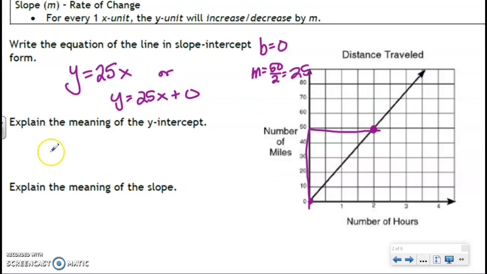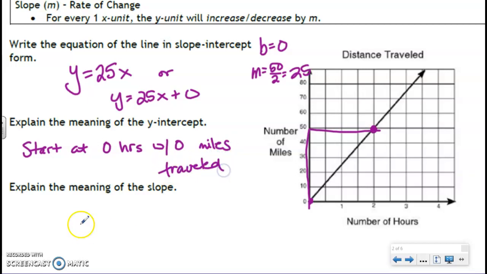Okay, in this problem, the meaning of the y-intercept is that we start at 0 hours with 0 miles traveled. Okay, the meaning of the slope is that every 25 miles takes us an hour.